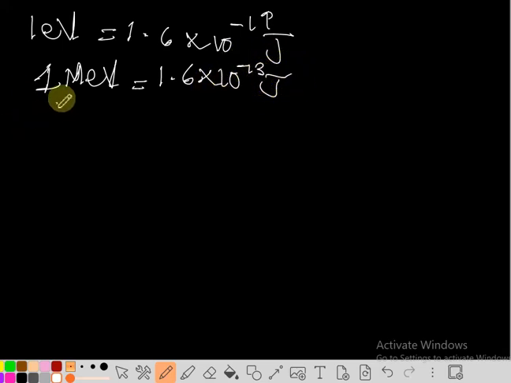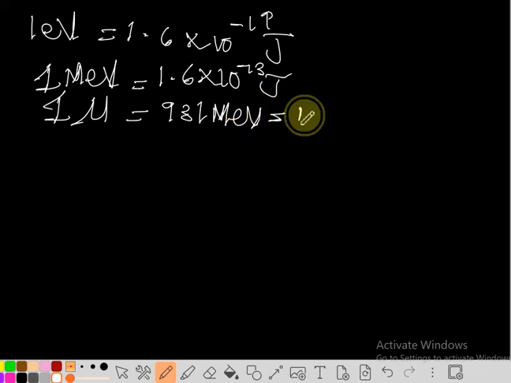Then you have 1 atomic mass unit, which is the same thing as 931 mega electron volts, or 1.490 times 10 raised to the power minus 10 joules.